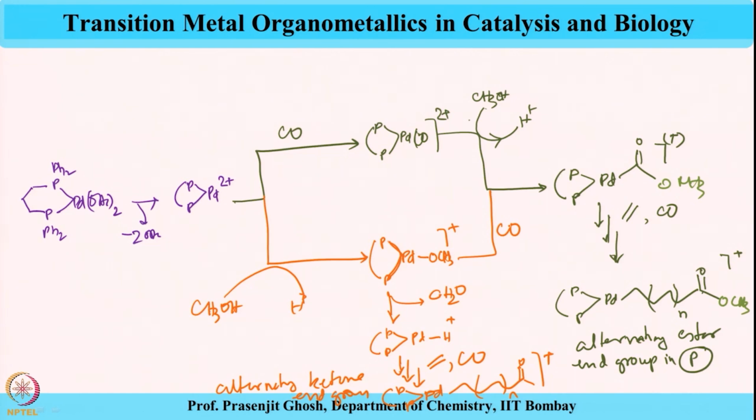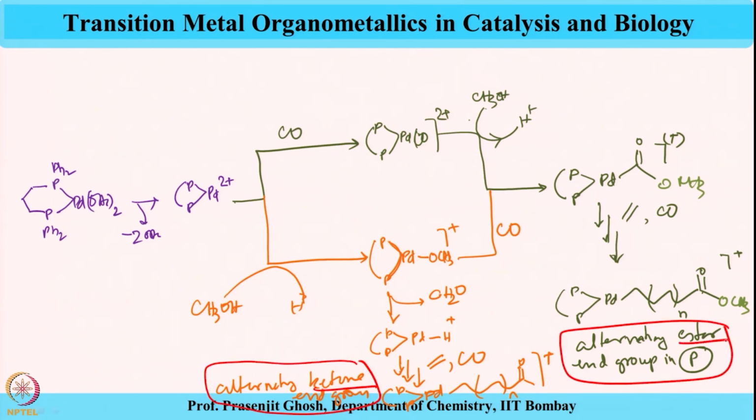So, now the glimpse of the mechanism can be obtained by the fact that one can get an alternating polymer with ketone end group, or one can get an alternating polymer with ester end group, depending on in what sequence it reacts with the solvent, and this also throws insight as to the mechanism of this polymerization reaction.